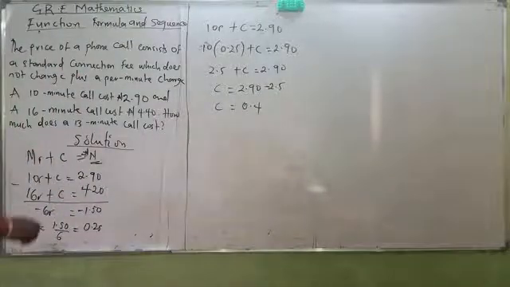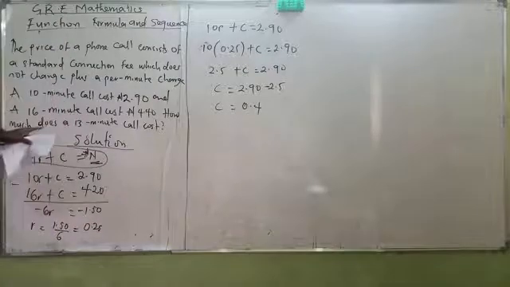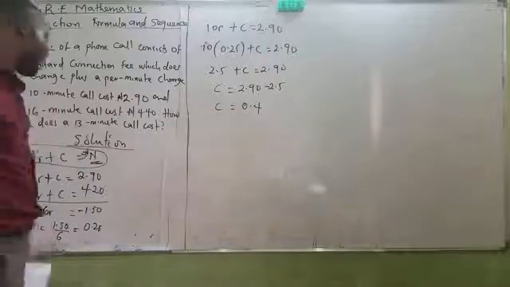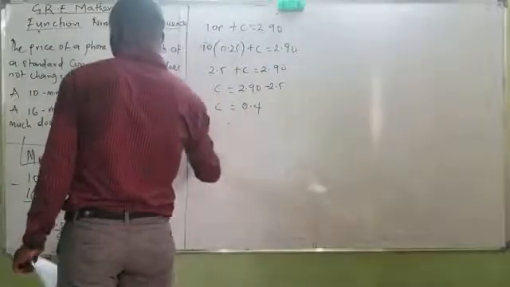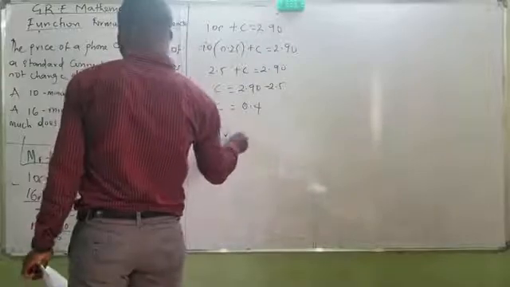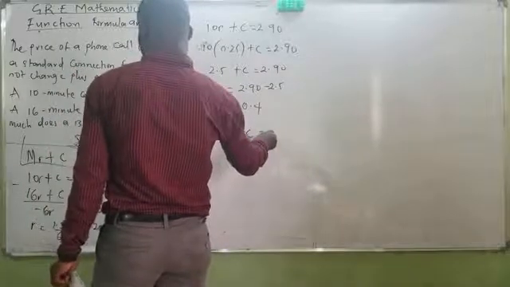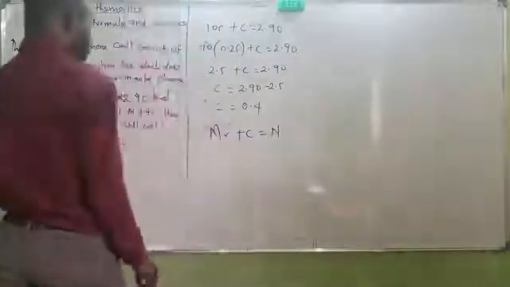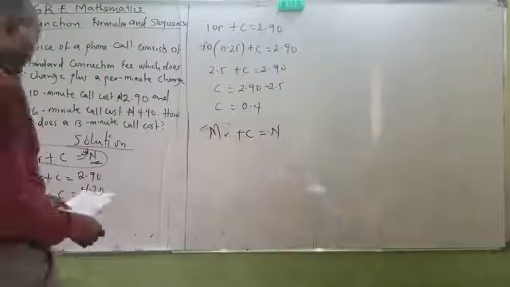Now I think I have my C. I will now come to the general formula. How much does a 30-minute call cost? I have MR plus C equals X naira. Now we're looking for how much. At this point I have my R and I have my time.